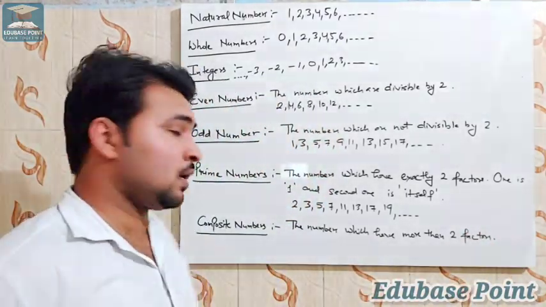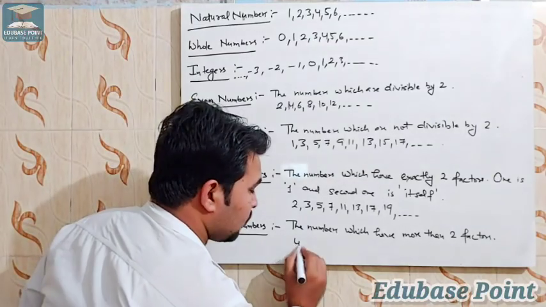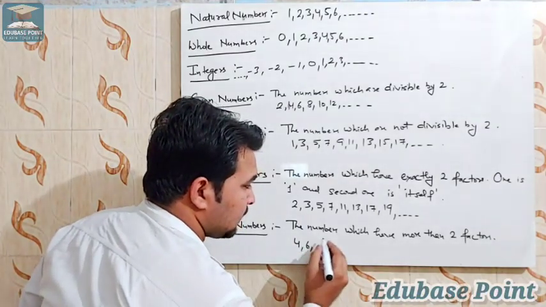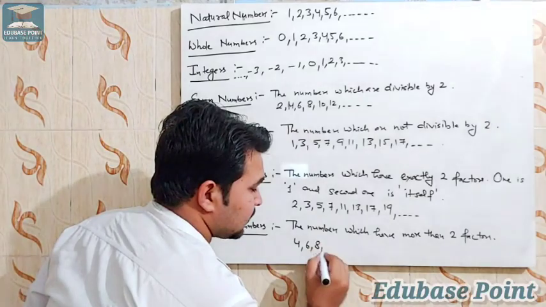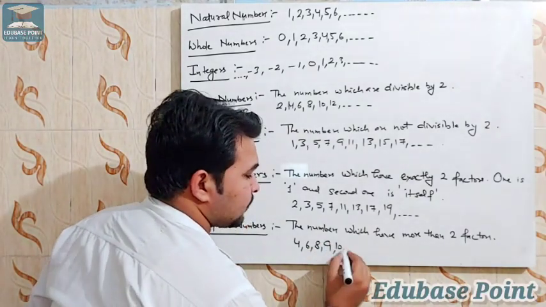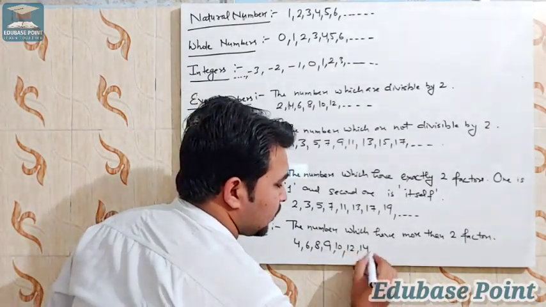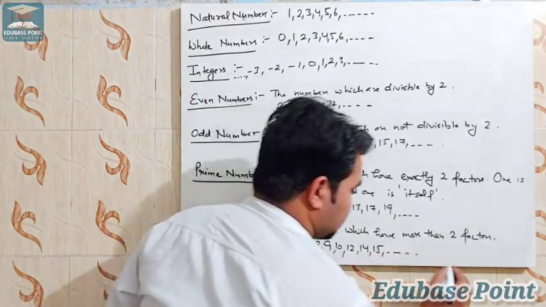Its examples are 4, 6, 8, 9, 10, 12, 14, 15 and so on.